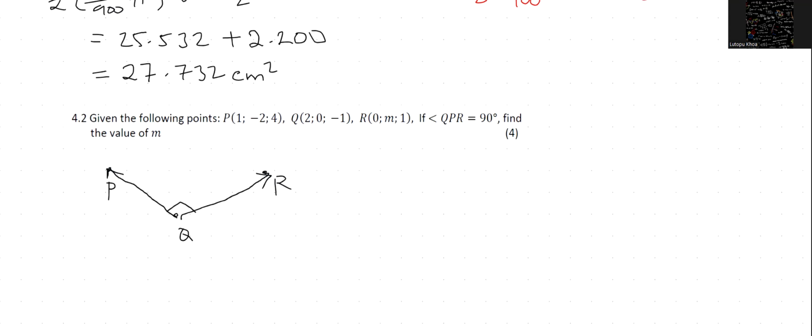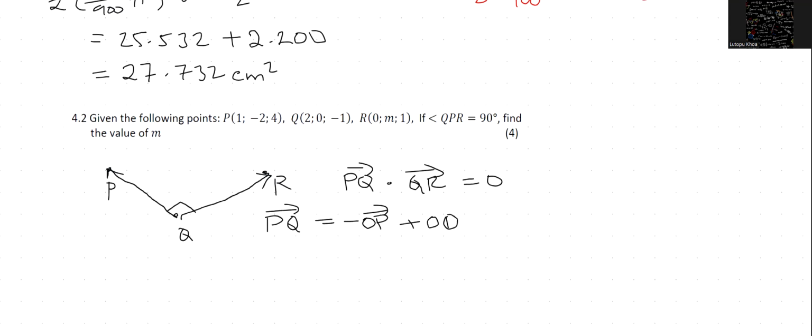So what we need to show is that PQ dot QR is equal to 0. We need to find PQ. PQ is minus OP plus OQ. Since this is the point, the position vector is just the coordinate.